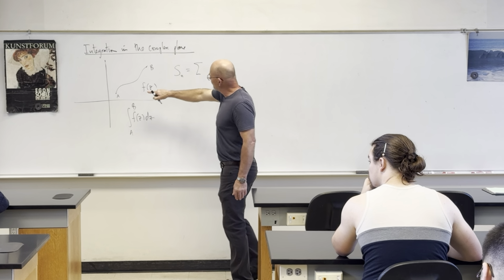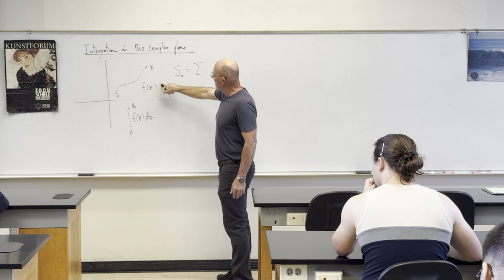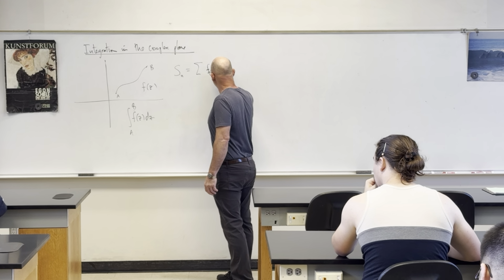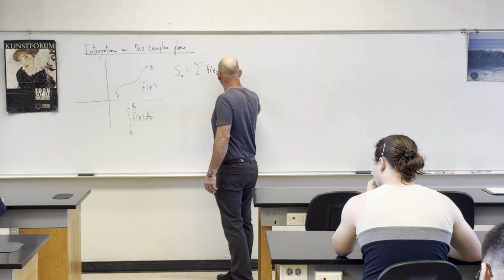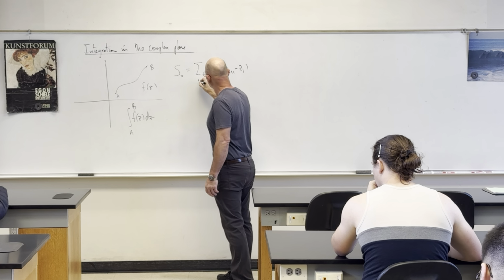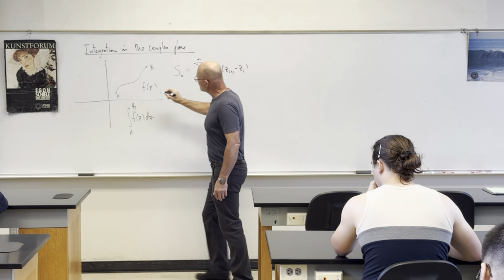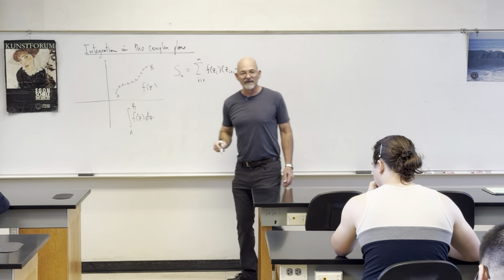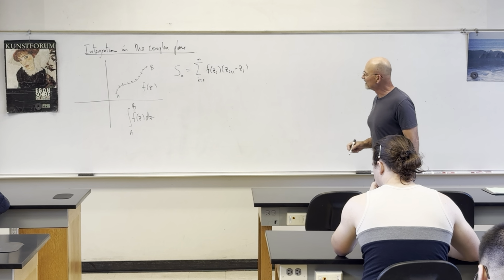What we'll see is this is perfectly formulated. If we do an f of z sub i times z sub i plus 1 minus z sub i, and imagine that we have some kind of subdivision of that interval there, of that contour.